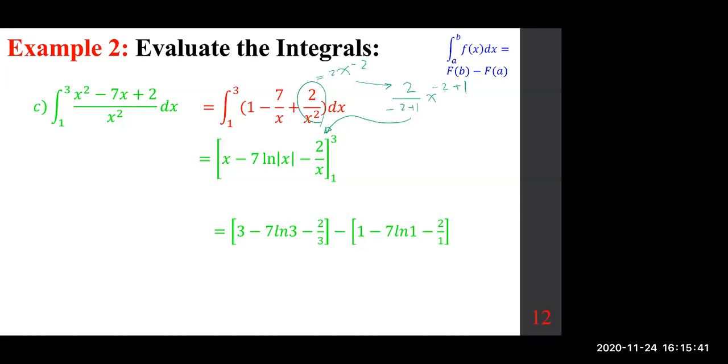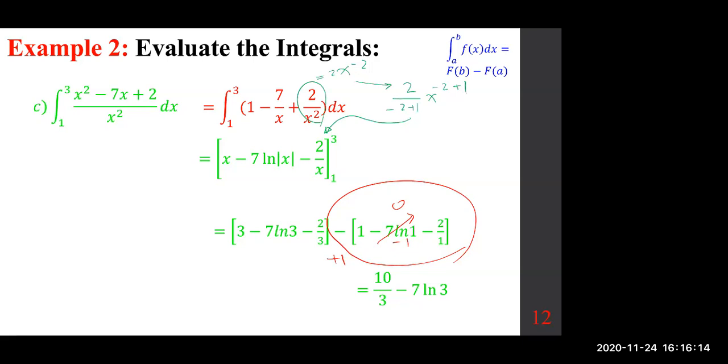Okay. So basically what happens is that this goes to 0, right? Because ln 1 is 0. So 1 minus 2, this is negative 1. Okay. So this whole thing just add 1, which means you're adding 3 and 1, 4 minus 2/3, which gives you 10/3.